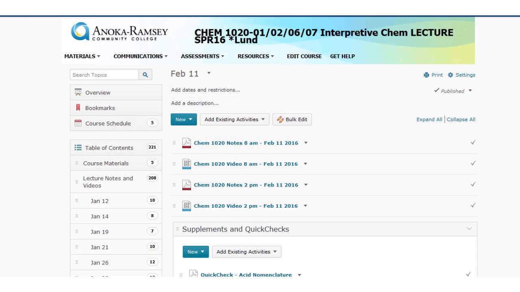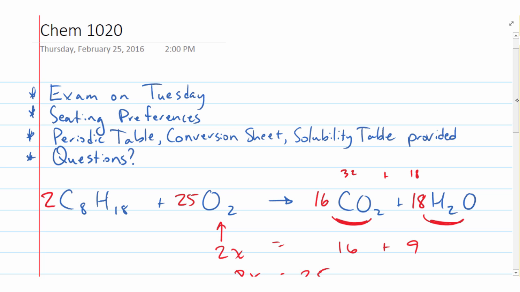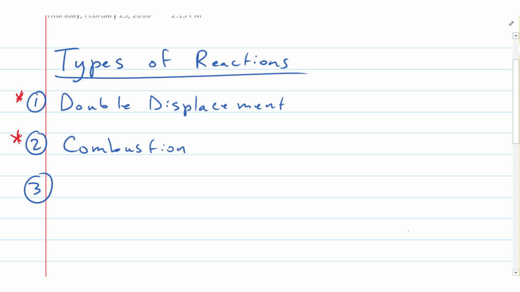Next up, we are going to wrap up Chapter 7 by looking at types of reactions and how to classify reactions. We've already gone through these two types.